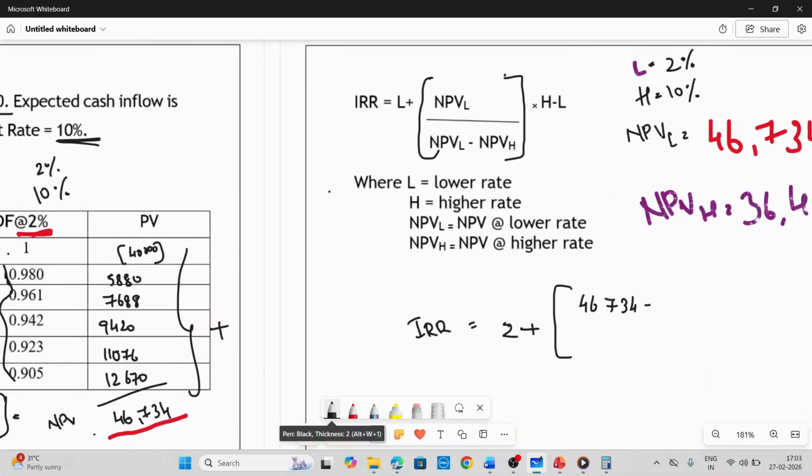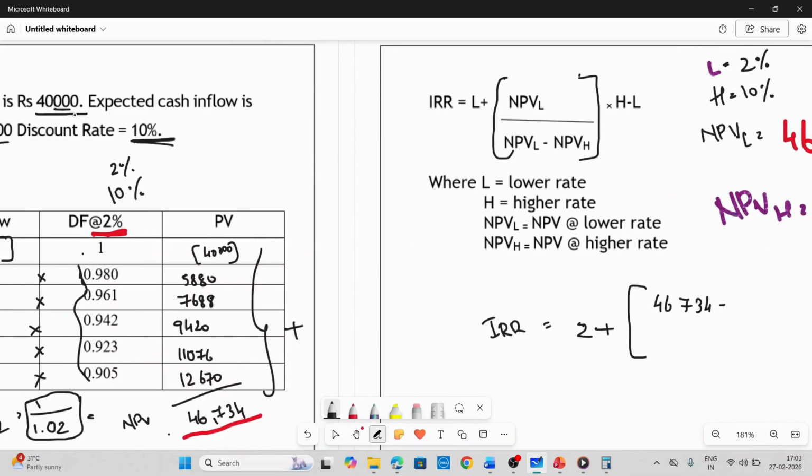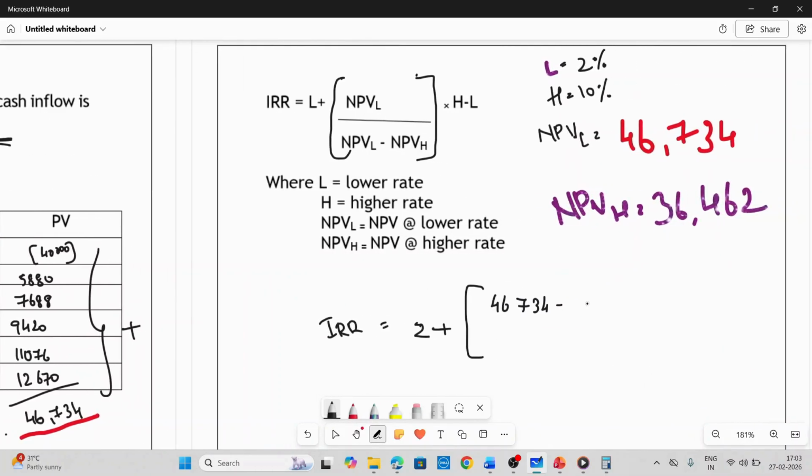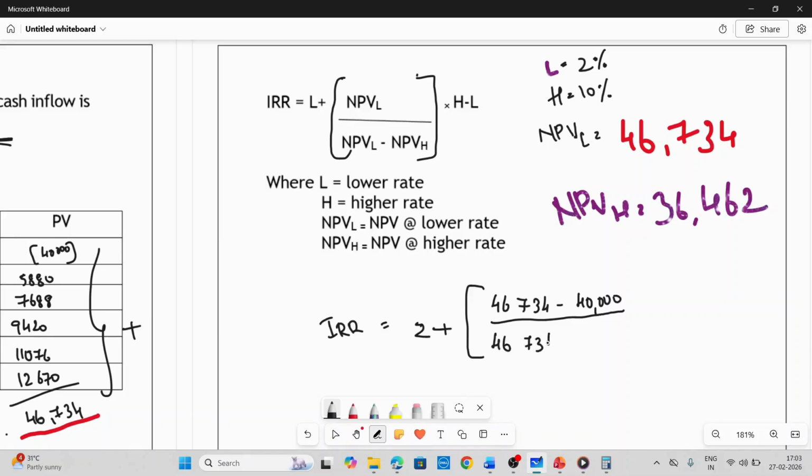What is the initial investment here? It's 40,000, right? So 46,734 minus 40,000, divided by NPV L, which is 46,734, minus NPV at the higher rate, which is 36,462, into H, which is 10%, minus L, which is 2%.